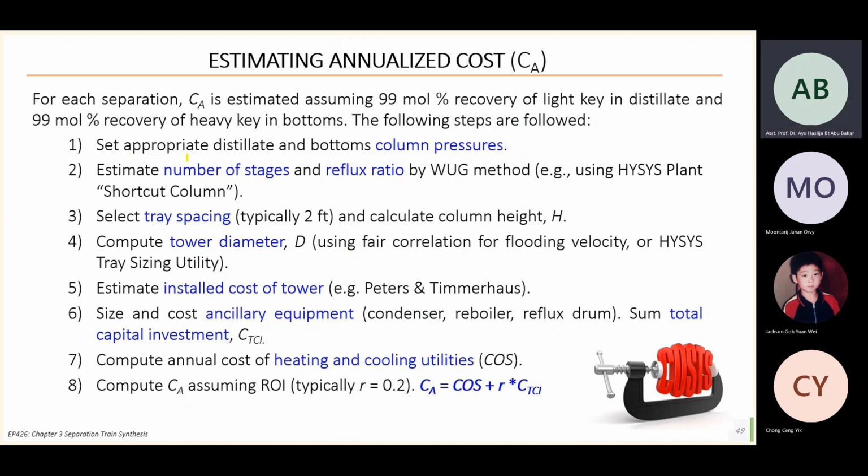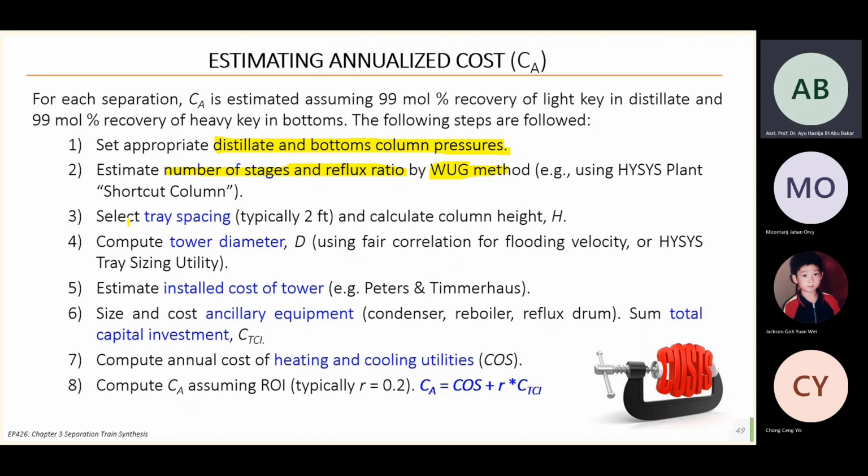First is to set appropriate distillate, bottoms and column pressure. The higher the pressure, the higher the cost. Right? So that's why we will go to the lowest vapor flow. Step 2: estimate number of stages and reflux ratio by the WUG method. This one is the Underwood method.